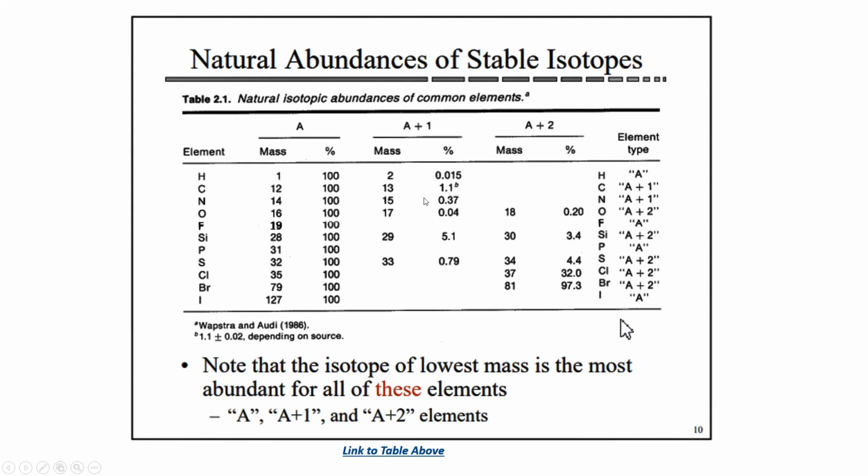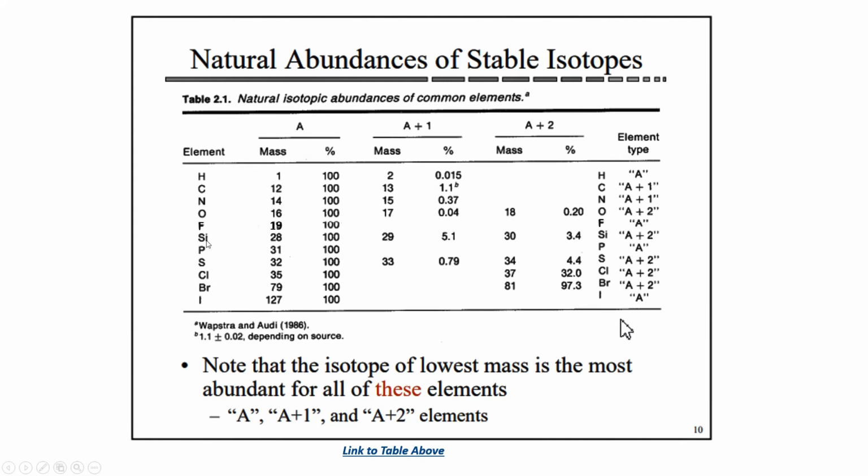Nitrogen is an A+1, but the abundance is so low it's not very useful for determining the elemental composition on a quadrupole mass spectrometer. Oxygen, again, is not very useful. Fluorine is monoisotopic, so it's 100%, but doesn't have any significant stable isotopes that we will see. Silicon goes up a little bit, it's 3.4%, it's an A+2 element. So you can see chlorine is very distinctive.